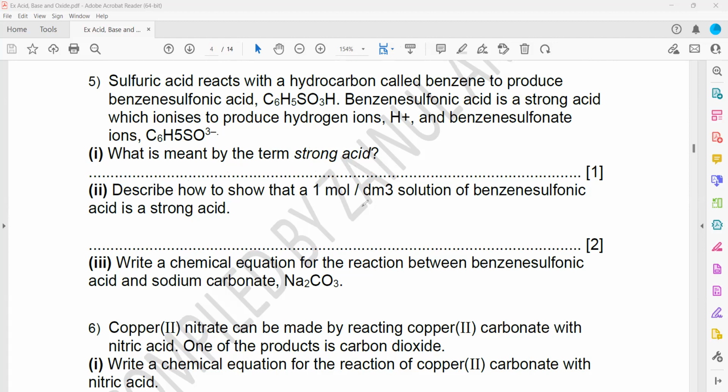Describe how a 1 mole per dm cube solution can show that it is a strong acid. So how can we identify the nature of a solution? We can use indicators, universal indicator.